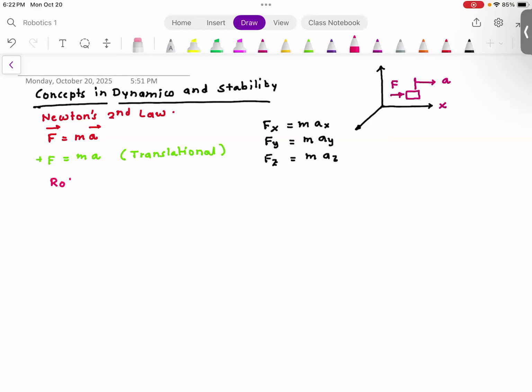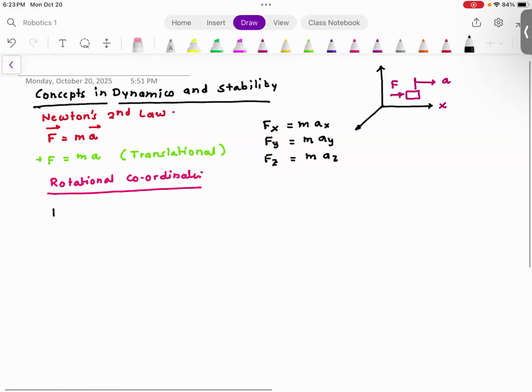Rotational coordinates. When you talk about the rotational coordinates, you all know this equation. Force in the translational coordinate gets replaced by the torque in the rotational coordinate. Again, torque is a vector.